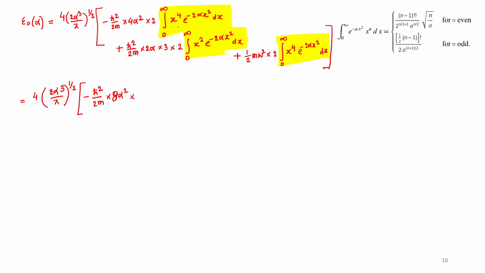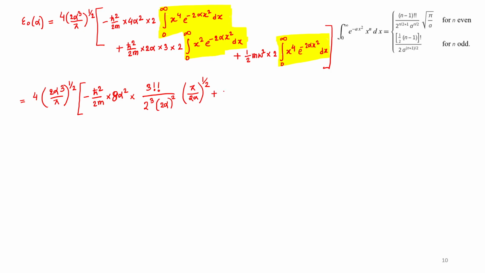And this integral will lead to 3 double factorial 2 to the power 3, 2 alpha to the power 2, 5, 2 alpha to the power half.